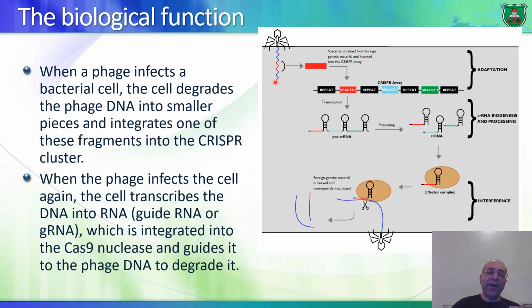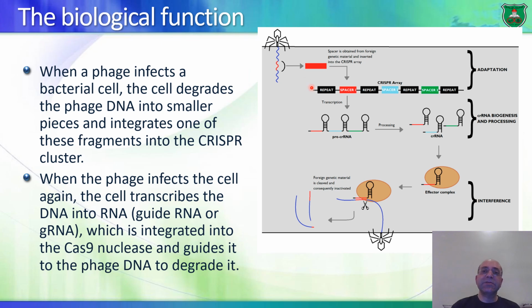So bacterial cells have evolved in a way to invent a system to protect themselves from bacteriophages. They developed restriction nucleases, and we talked about those earlier. Now, the CRISPR-Cas system is something similar.